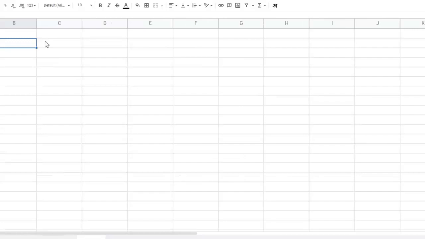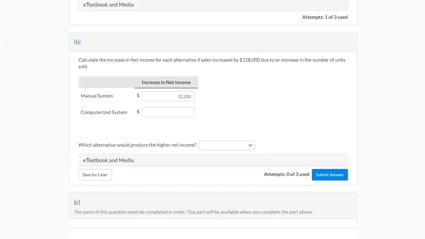Okay, go up one cell, go into B1, put that manual. B1, manual. C1, compute. Okay. All right, sales. Down below, sales, manual.